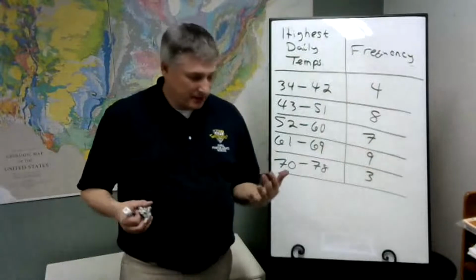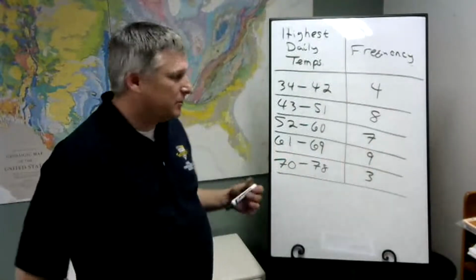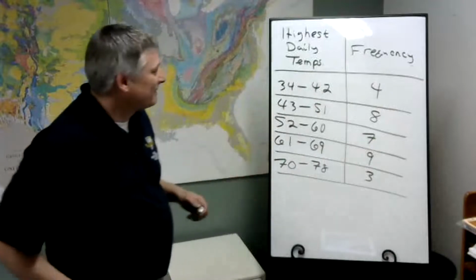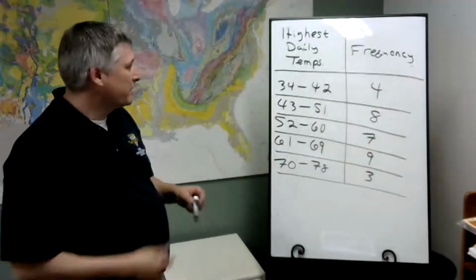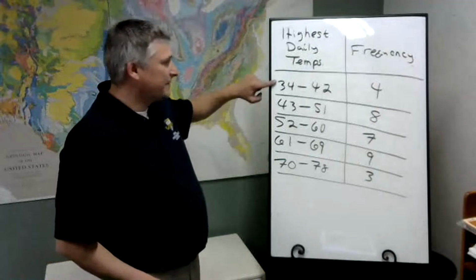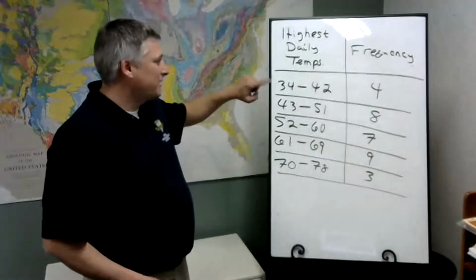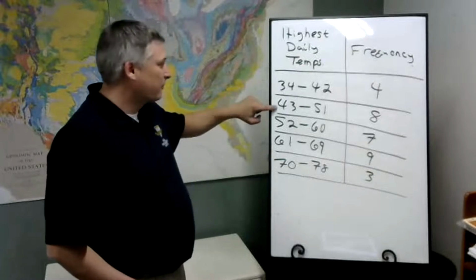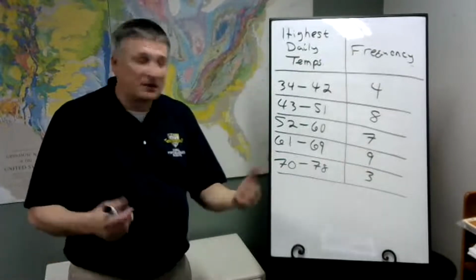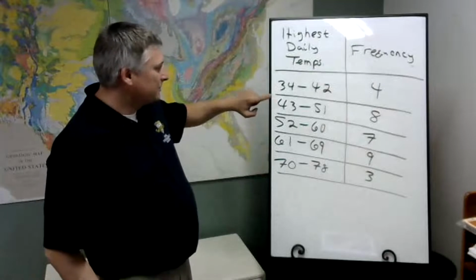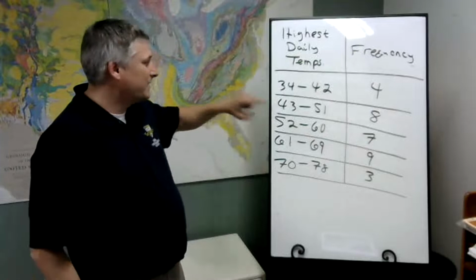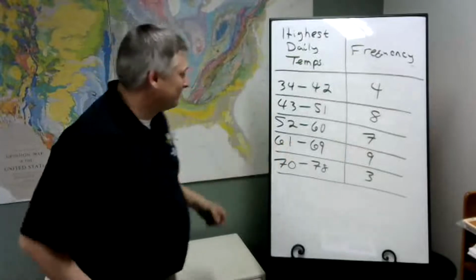Now we can calculate boundary points if we like, because we know what the lower and upper class limits are. And we can come up with the class width. For example, if you want to find the class width for this class, you take its lowest class limit and subtract from the next low class limit: 43 minus 34, of course you get 9. For this class, you'd subtract this low class limit from the next low class limit, 52 minus 43, 9.